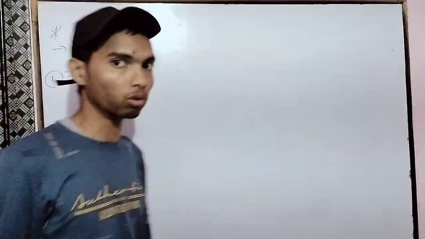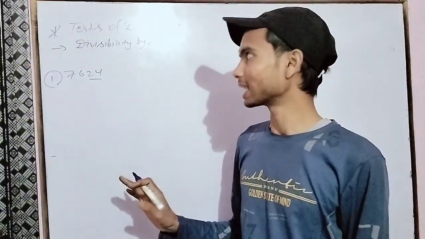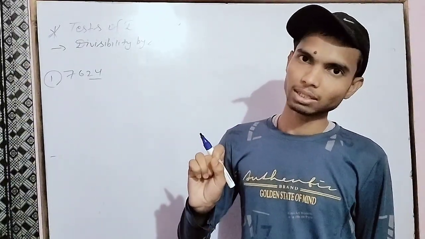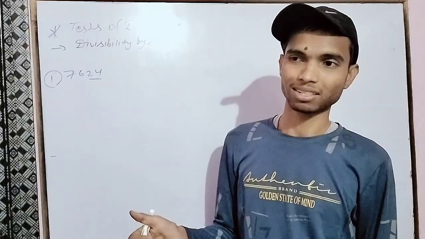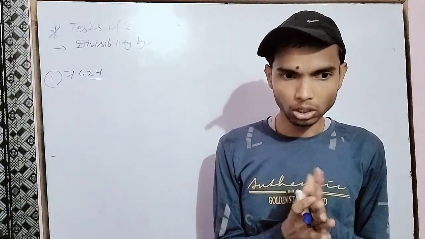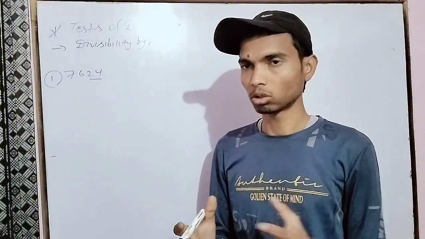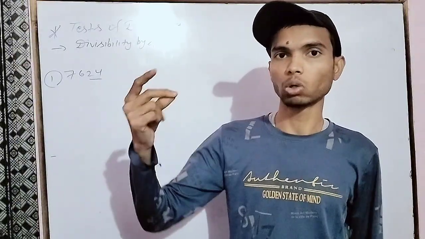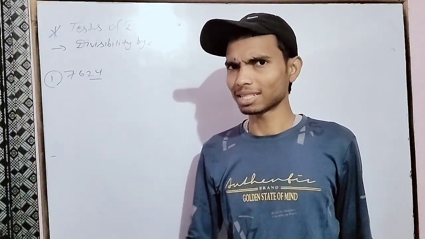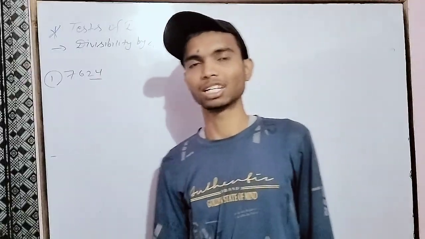Now 24, not 246. It is saying that you only need to observe two digits together. The two digits are 24. Does 24 come in the table of 4?